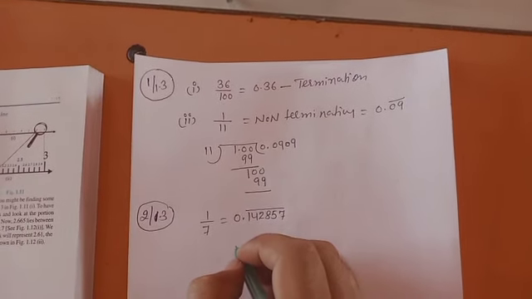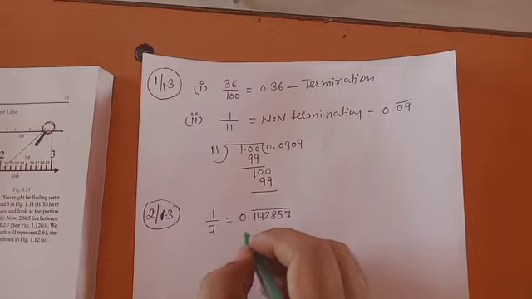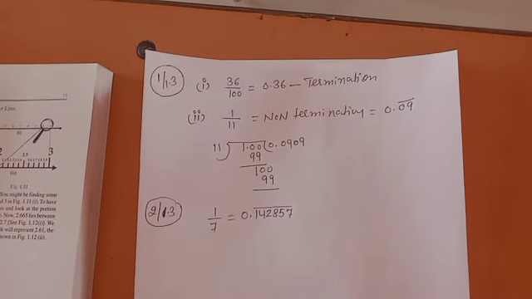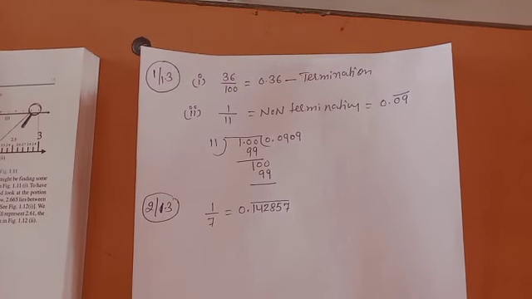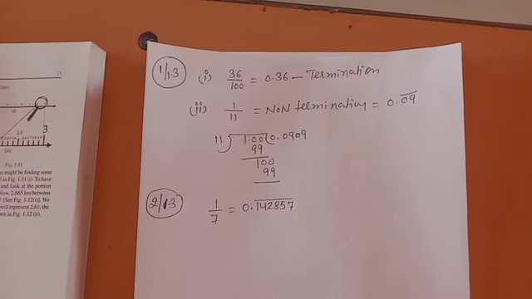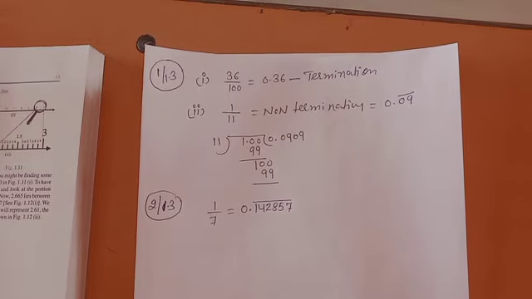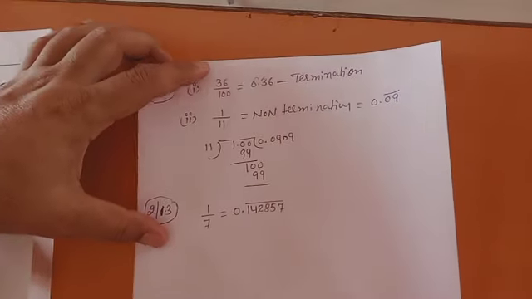All numbers. Can you predict the decimal expansion of 2 by 7, 3 by 7, 4 by 7, 5 by 7 and 6 by 7 without actually doing the long division? If so, how? I am telling you how it can be done without division.